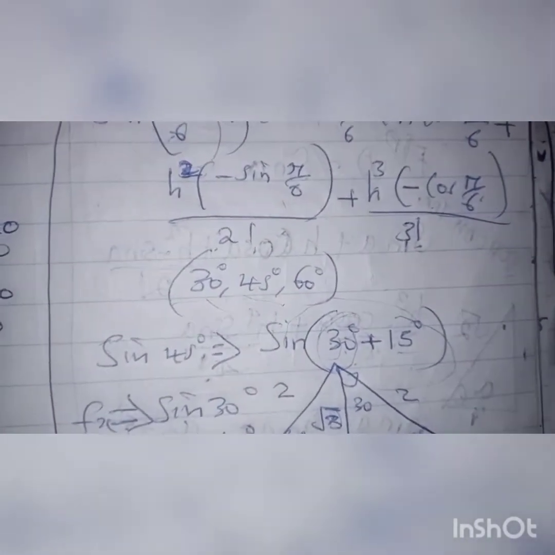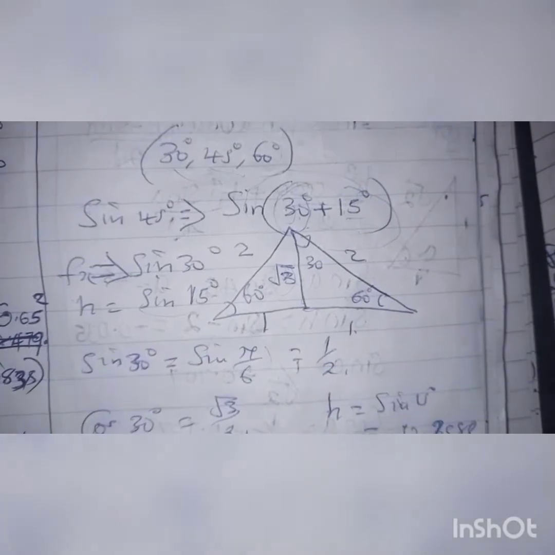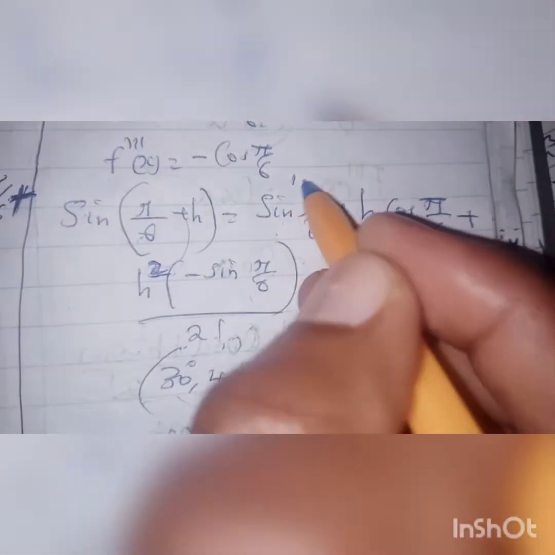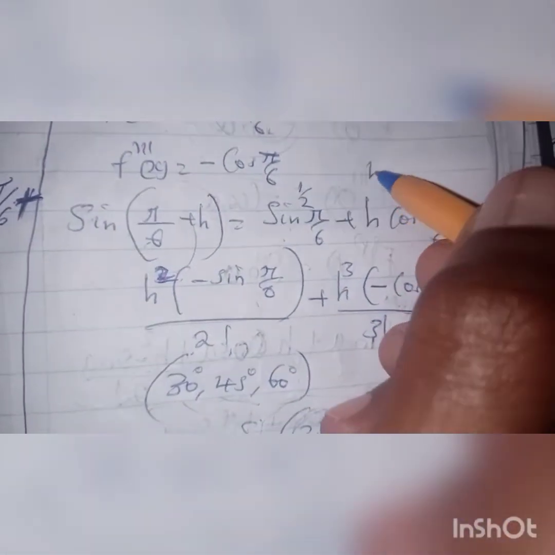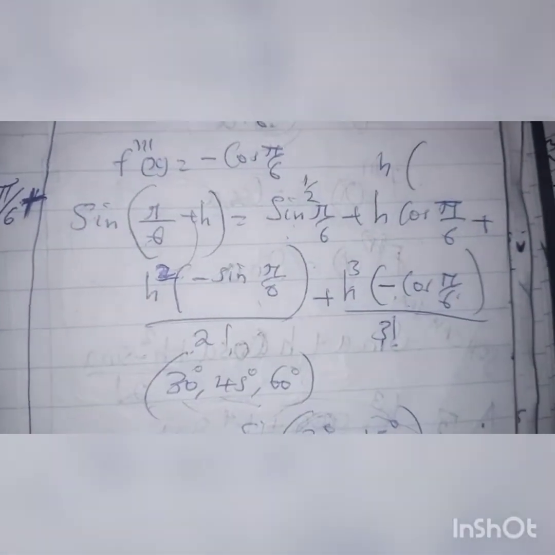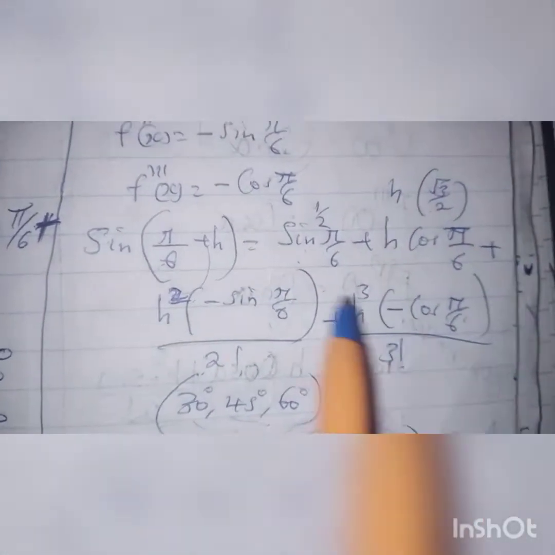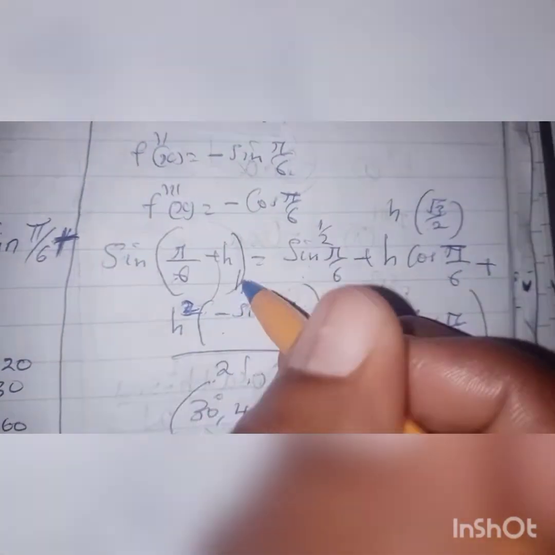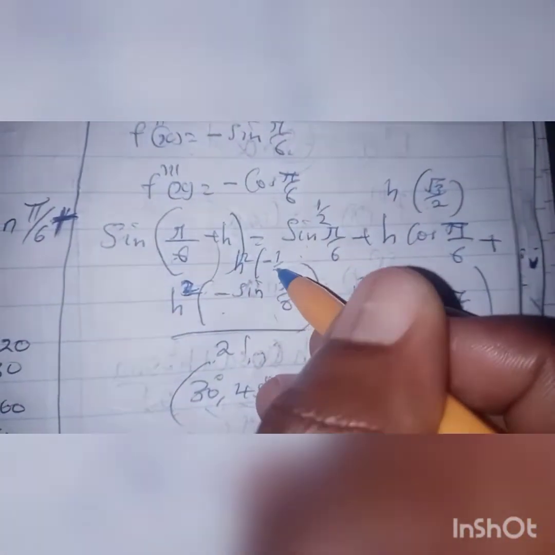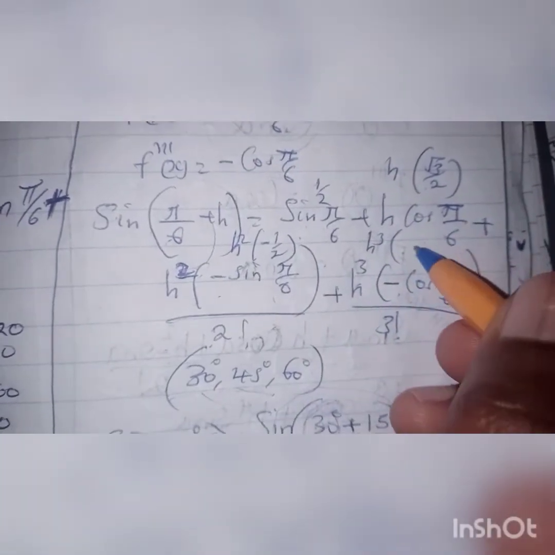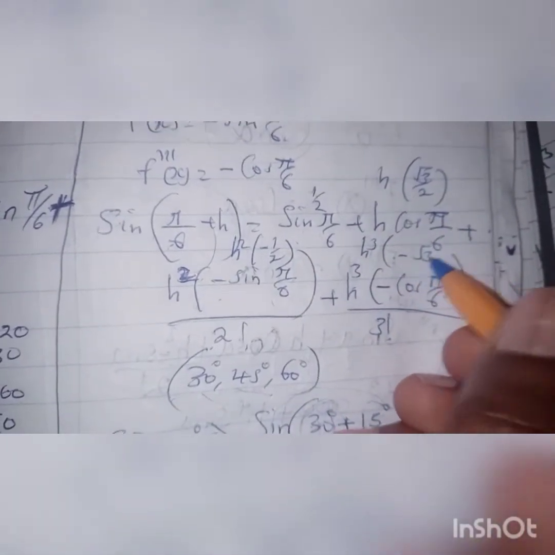Sine theta is a half, and cos theta is root 3 over 2. So just substitute. This will be a half, this will be h multiplied by root 3 over 2, this will be h squared multiplied by minus a half, and this will be h cubed multiplied by minus root 3 over 2.